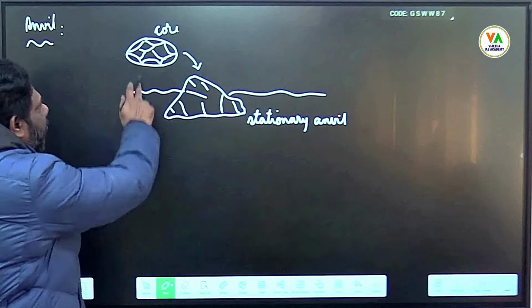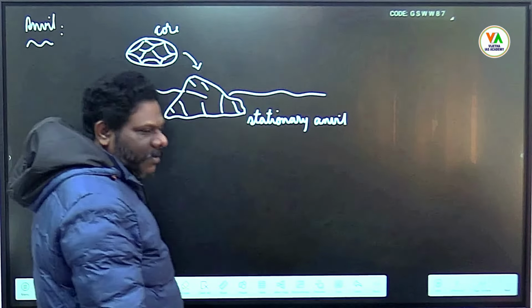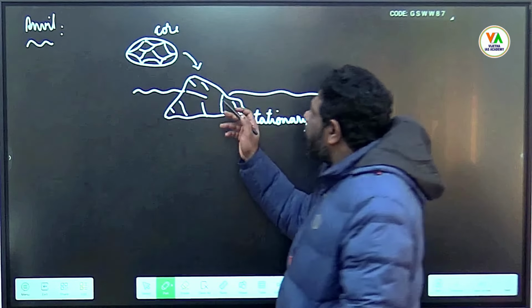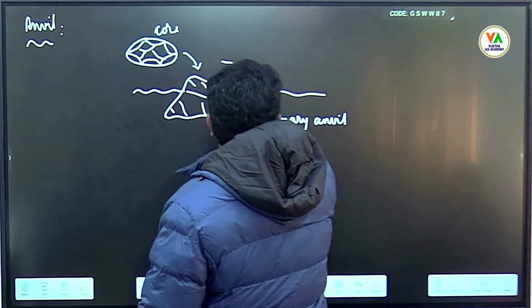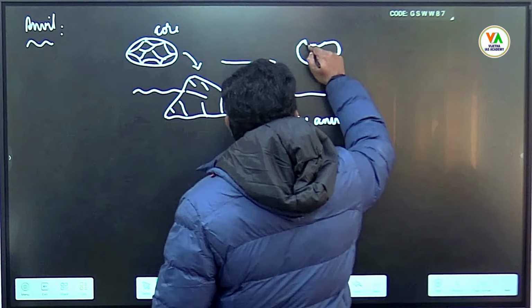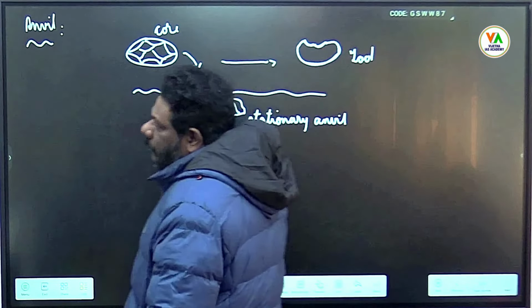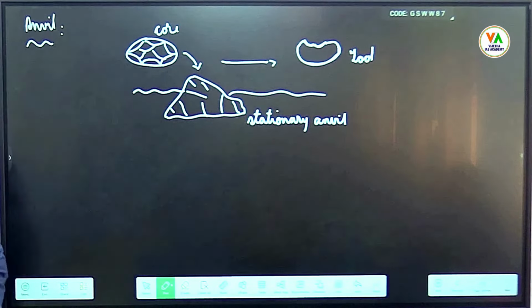So, when you hit this core, which is also a stone, on this stone, what will happen? Break. So, this will result in chipping off some end. You get my point. So, this is the sharp end which is used as a tool, which is very crudely and rawly made.